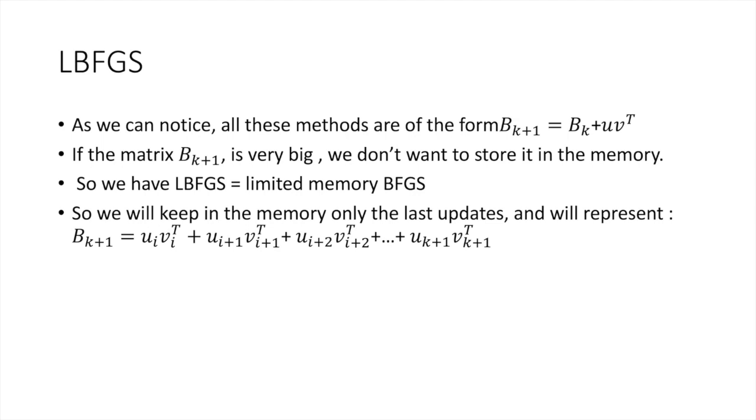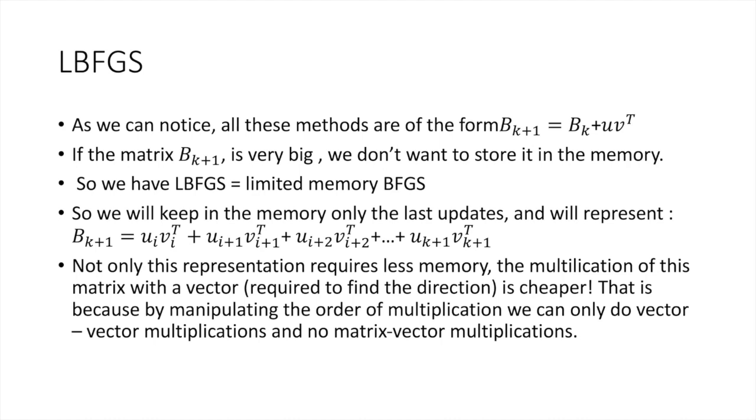We keep in memory only the last updates, and we represent the matrix b_(k+1) as just a sum of rank 1 matrices that are multiplications of some vectors u and v: u_i v_i transpose plus u_(i+1) v_(i+1) transpose, and so on, until u_(k+1) v_(k+1) transpose. We will only need to store these vectors in memory. That means that if the matrix b_(k+1) is of rank k, we will only need to store 2k vectors in memory instead of the entire matrix that could be much larger.